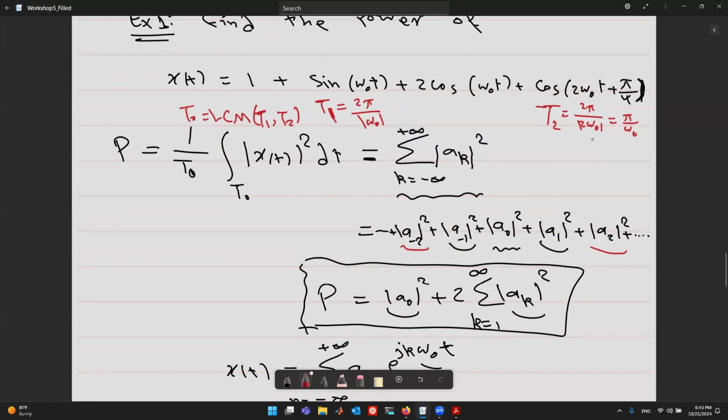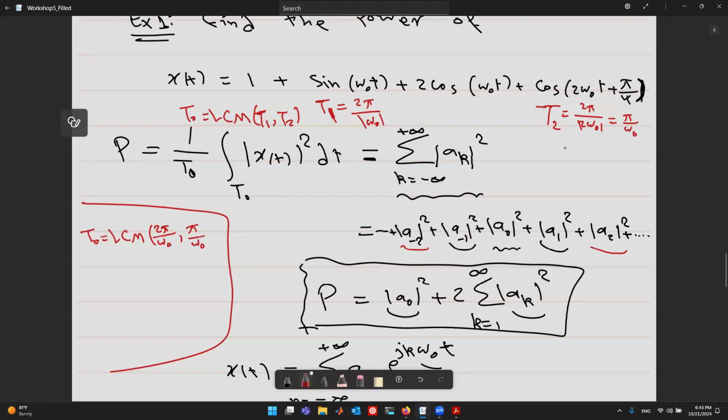T1 is 2 pi over omega naught, assuming omega naught is positive, and the other one is pi over omega naught. What's the least common multiple of 2 pi over omega naught and pi over omega naught?